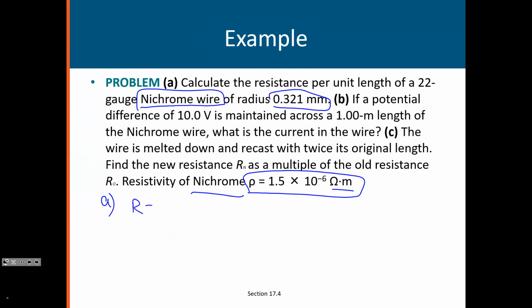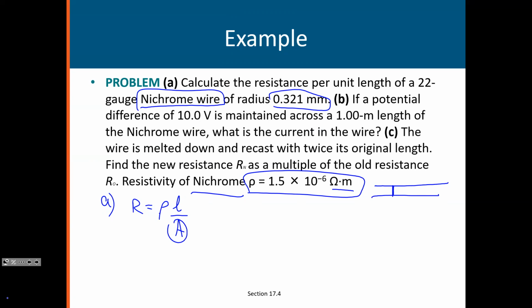Resistance is given by this equation. If I know the resistivity, the area and the length, I can find the resistance. The area we can find because the radius is given. What kind of cross section does a wire have? A circle. If you cut the wire, the cross section is a circle.